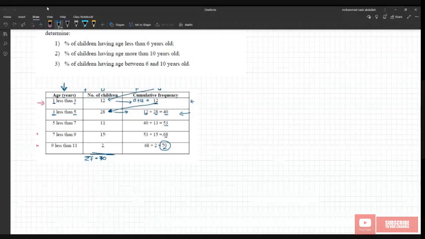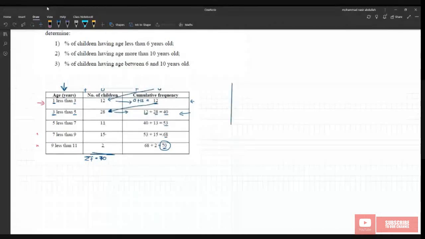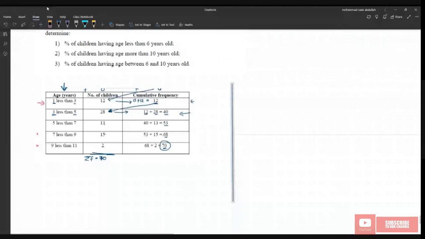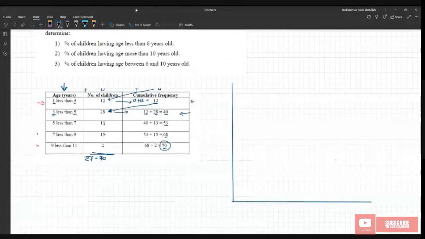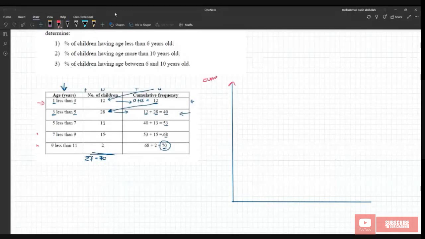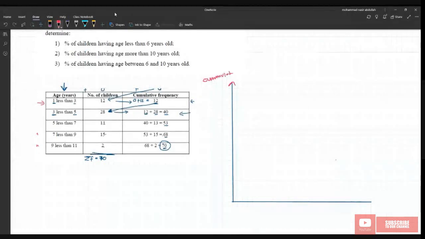So to create a less than ogive, first we create the y-axis, and then we follow with the x-axis. And remember, for a less than ogive, the y-axis represents cumulative frequency.